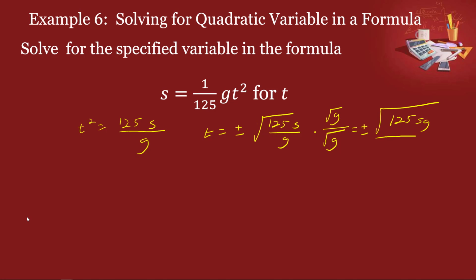And in the denominator, we will have the square root of g times the square root of g, which is simply g.